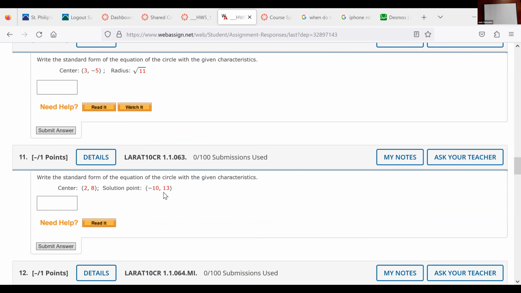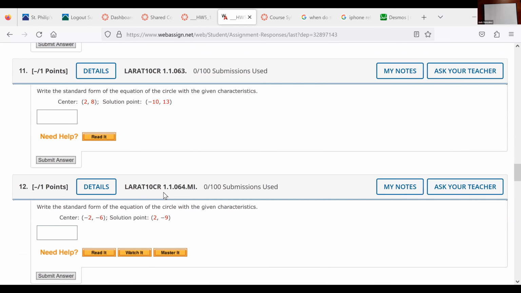Here's the same stuff. 11 and 12 is a little more interesting, because they don't give us radius. We have h, k.